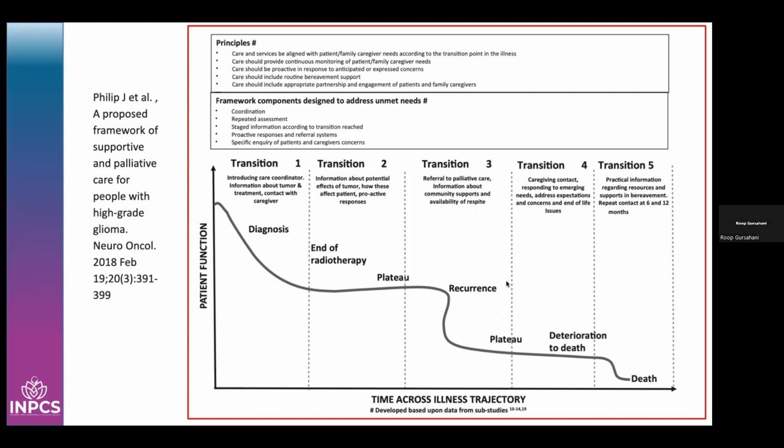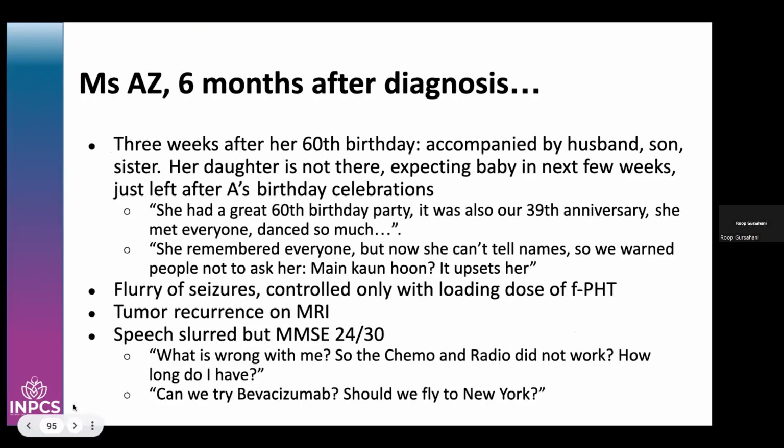And one of the things is that in neurology, we do not have access to formal hospice care except in this situation, because this is oncology. So these are the patients from our side who can actually access regular hospice care, even in India.